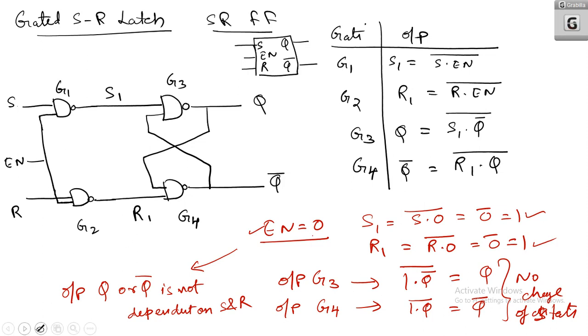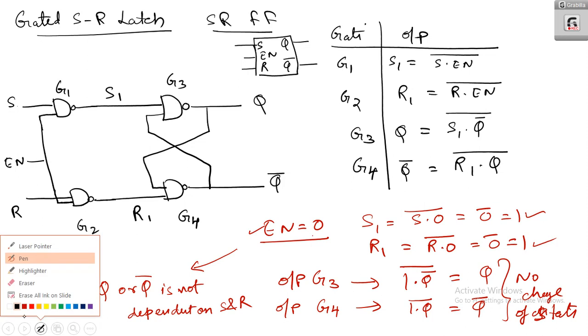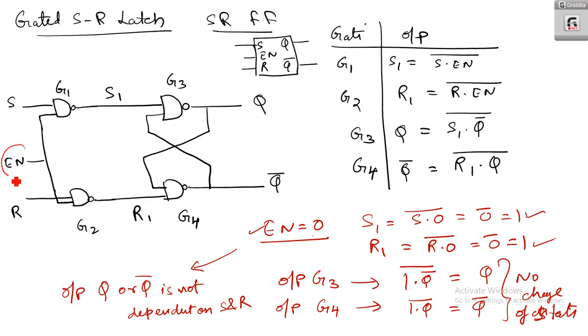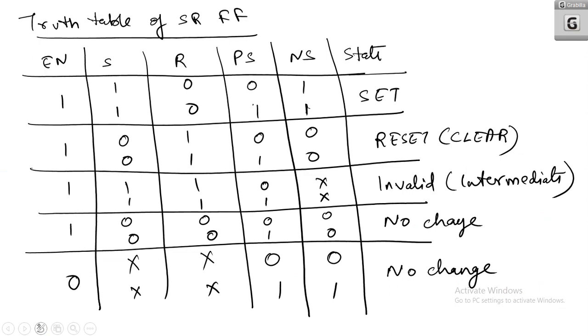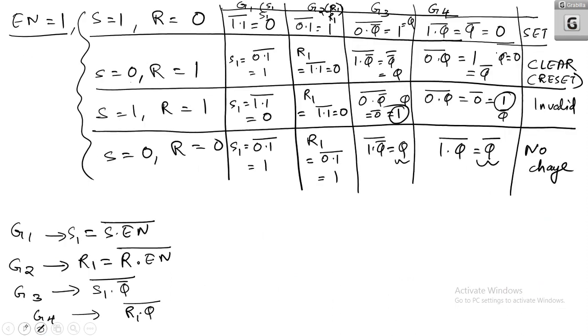The third input for this SR latch is this enable. Based on this enable, what happens to the present state and next state is already dealt with here. The truth table of SR flip flop I have drawn in a very simple pattern, again deriving from here.